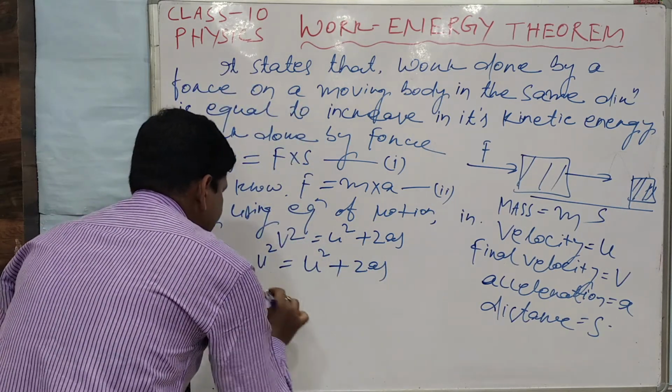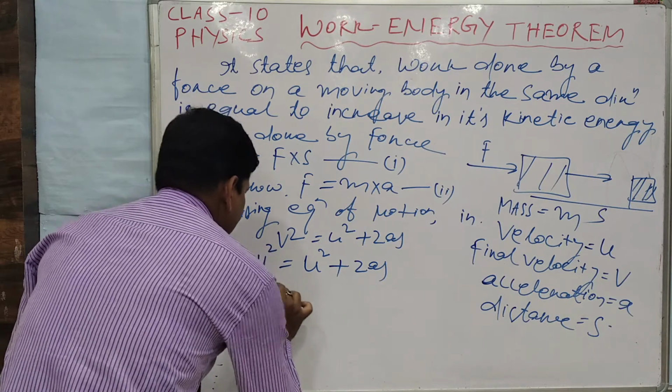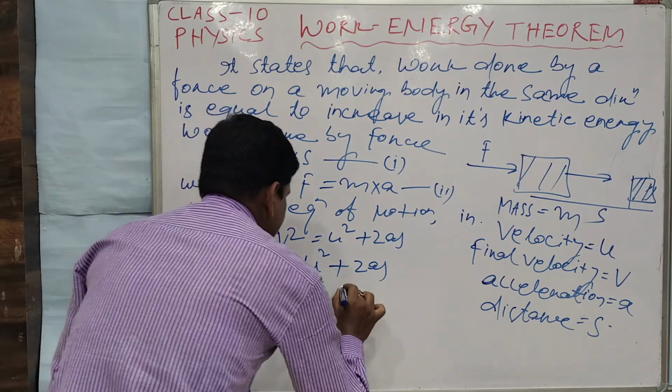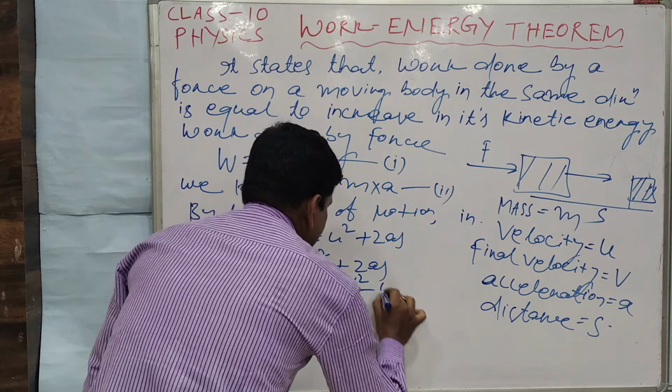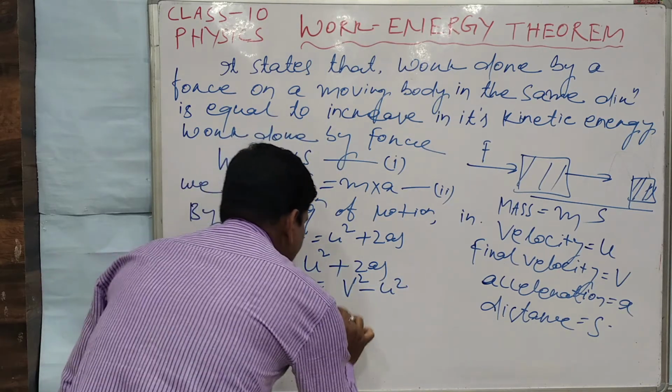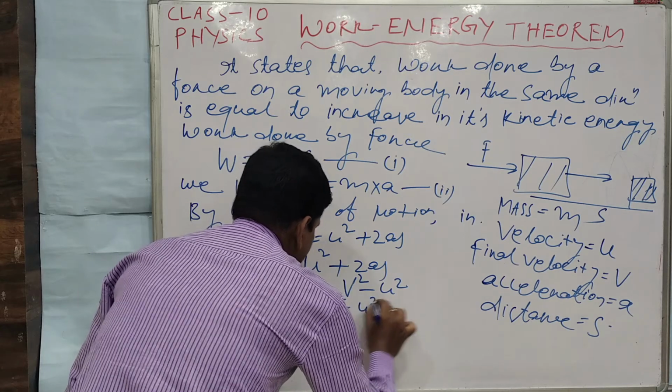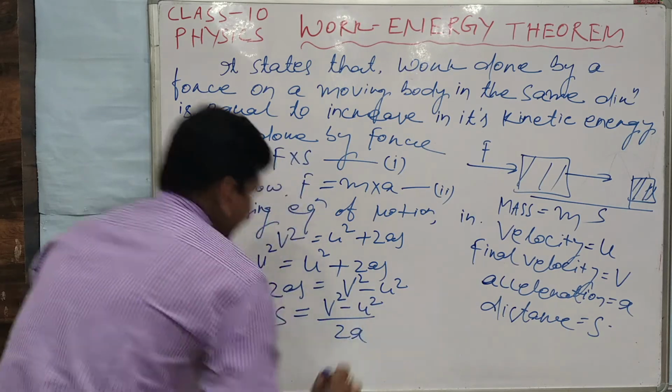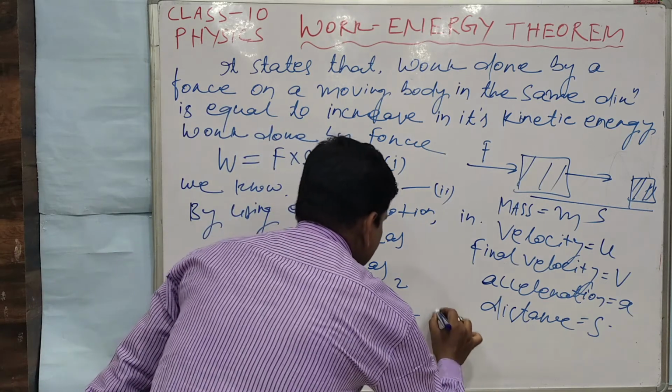That implies 2as is equal to v square minus u square, so S is equal to v square minus u square divided by 2a. That is your equation number 3.